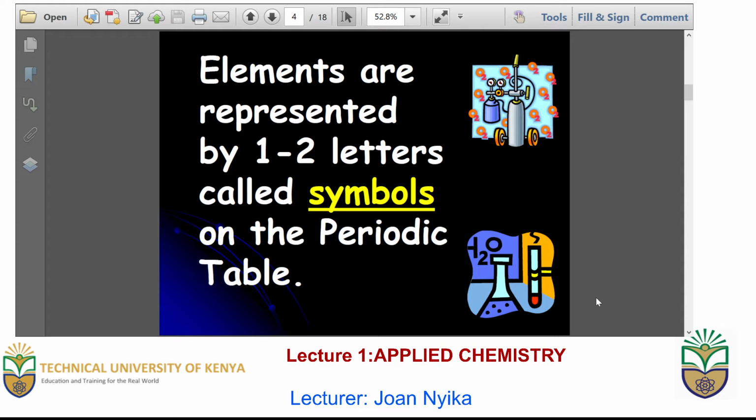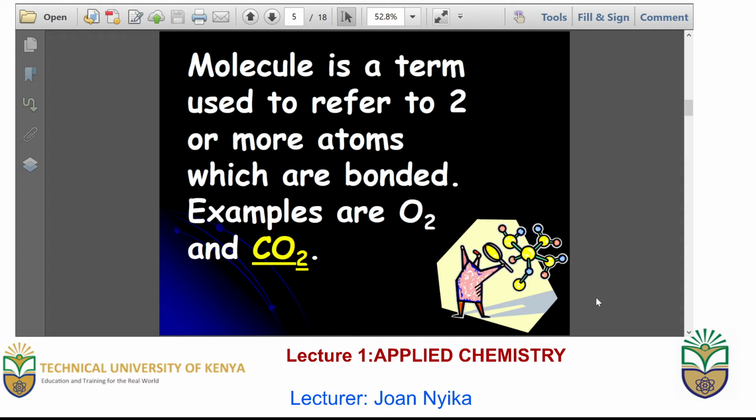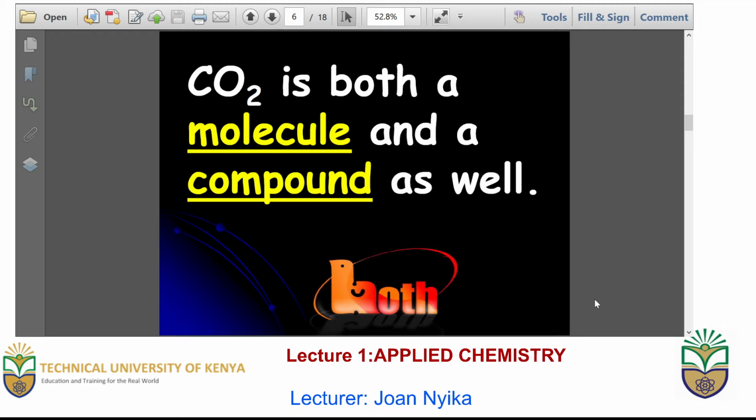Please recall our previous class on nomenclature. We also talked about molecules. Molecules are terms used to refer to two or more atoms that are bonded. They could be diatomic, for example, in the case of oxygen where there are two atoms that are alike. They could also be made of different atoms, like in the case of carbon dioxide where we have carbon and oxygen.